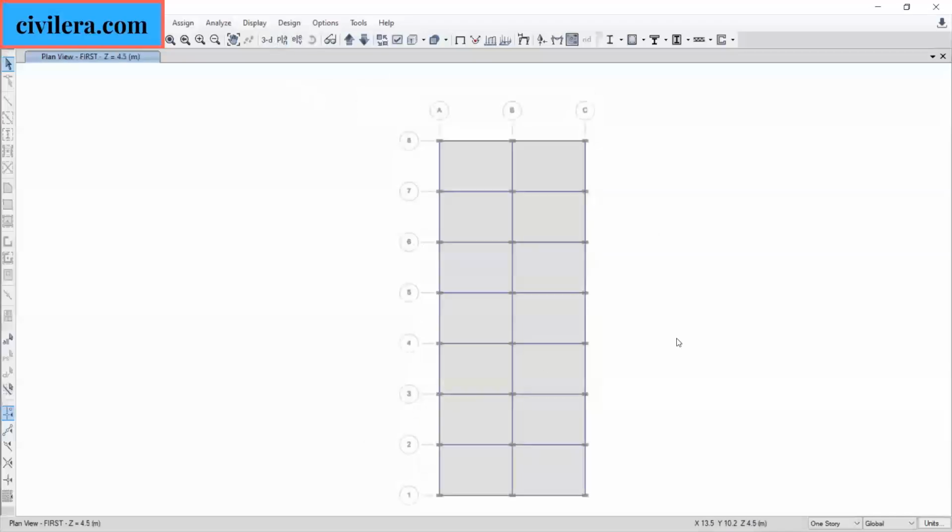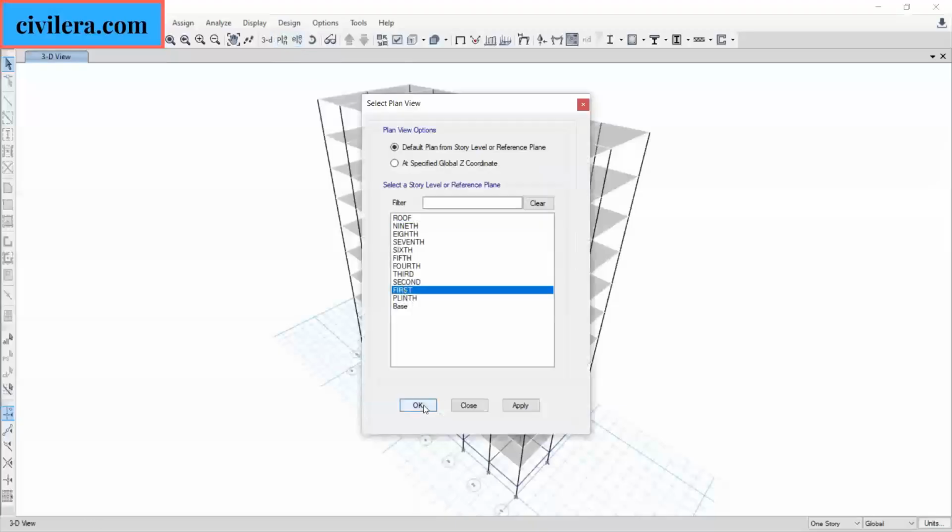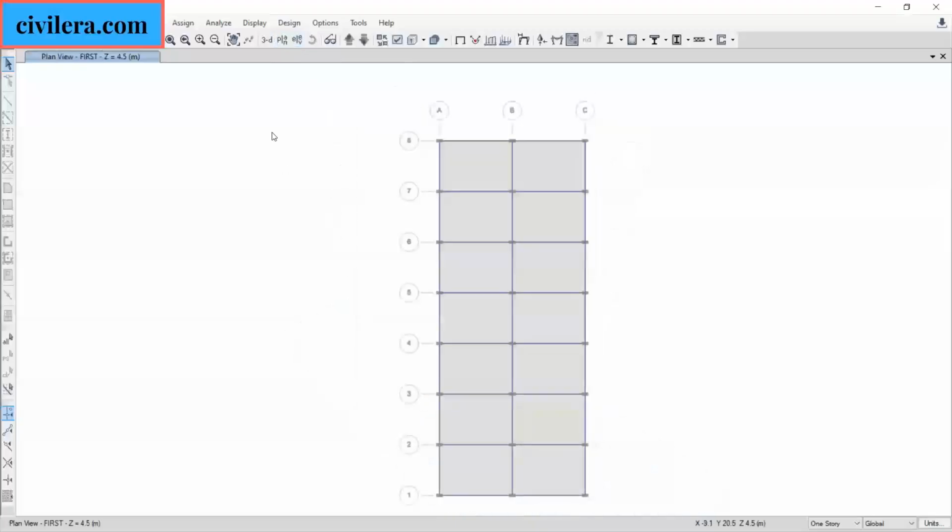Yeah, so here I have a building. I have modeled it for around 10 floors. The number of floors is not relevant. I'm just going to show you what is stress reversal and its significance. Now let me come again to plan.